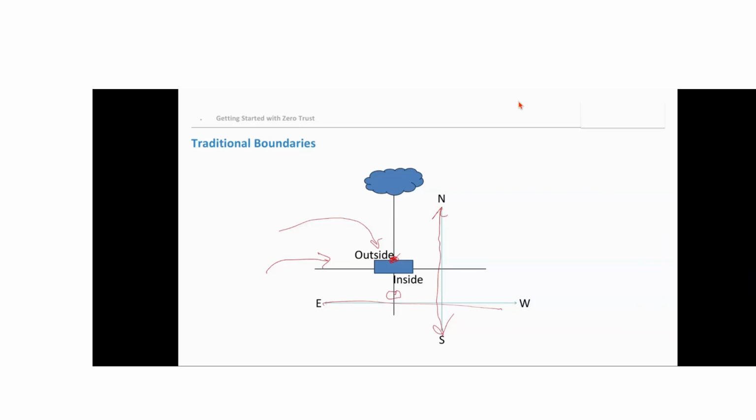We need to make sure this perimeter here is extremely important to us. However, now things have changed because we have our cloud. So our cloud is here. How do we have security? They're coming from the outside, but we need to get to our applications in the cloud. I know you're saying, well, my applications aren't in the cloud. They will be, or they are. If you use Office 365, for example, that's an example.